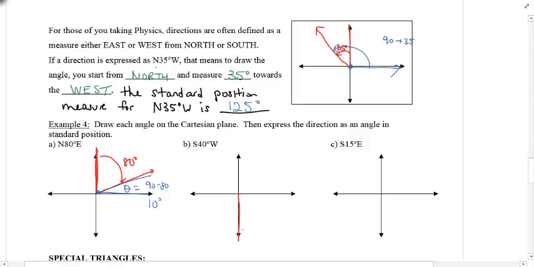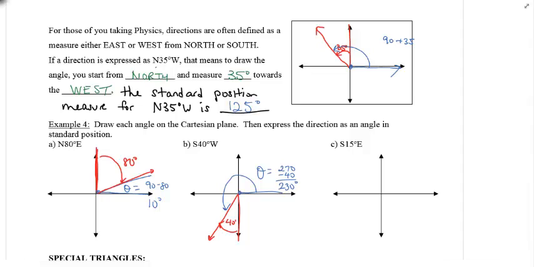South, 40 to the west. That's 40 degrees. Ooh, what's that? Theta in this case would be 270 minus 40, or 230 degrees. And this one here, south 15 east.